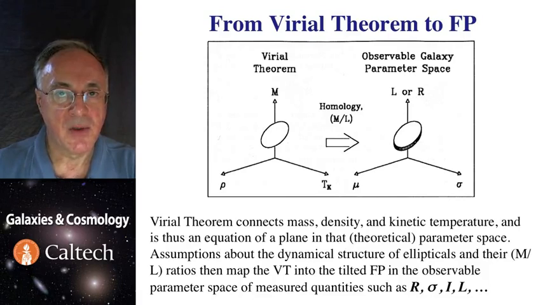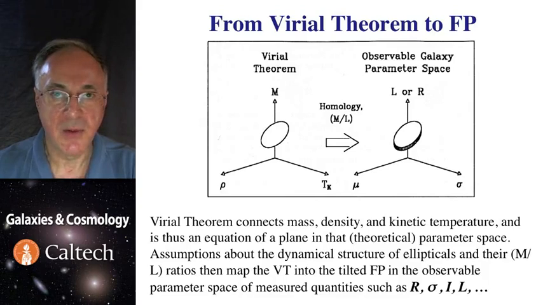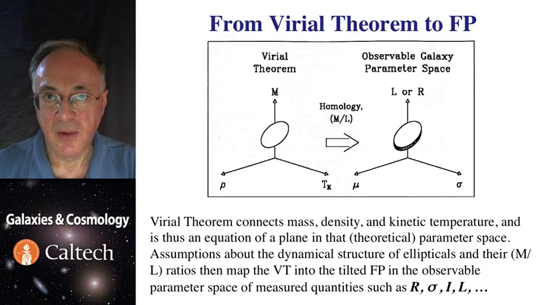And then we make some assumptions about homology, that all galaxies are scaled versions of each other, and about mass-to-light ratios, that say you can substitute mass directly for luminosity. That should lead into the observable thing like the fundamental plane.